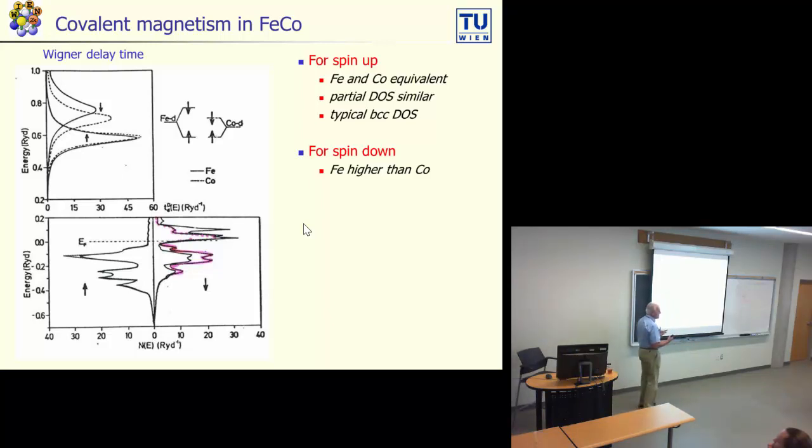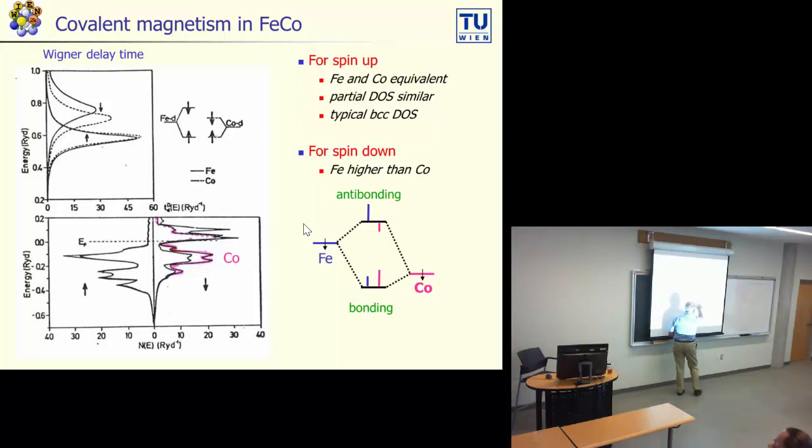And this is the chemistry, so to speak, covalent bonding, sometimes called covalent magnetism. So you have here more cobalt states and less iron, and here more iron states and less cobalt states. And that can be easily understood. If you look at the spin down orbital energies, they are different. Spin up are the same, but spin down are different.